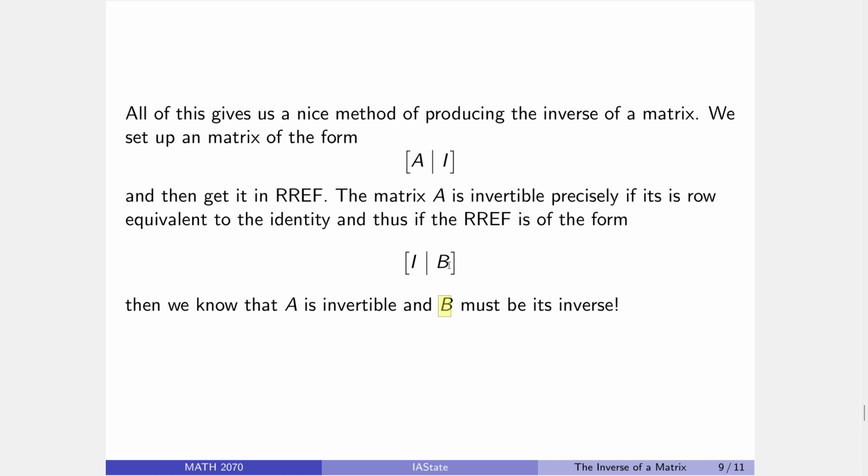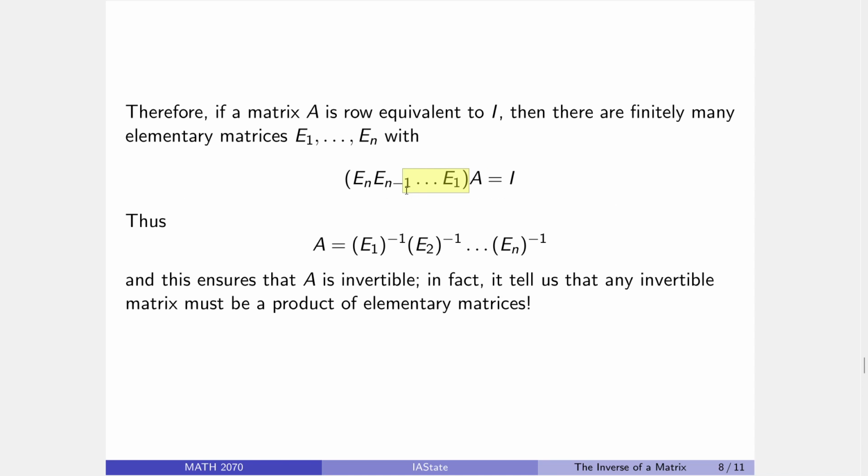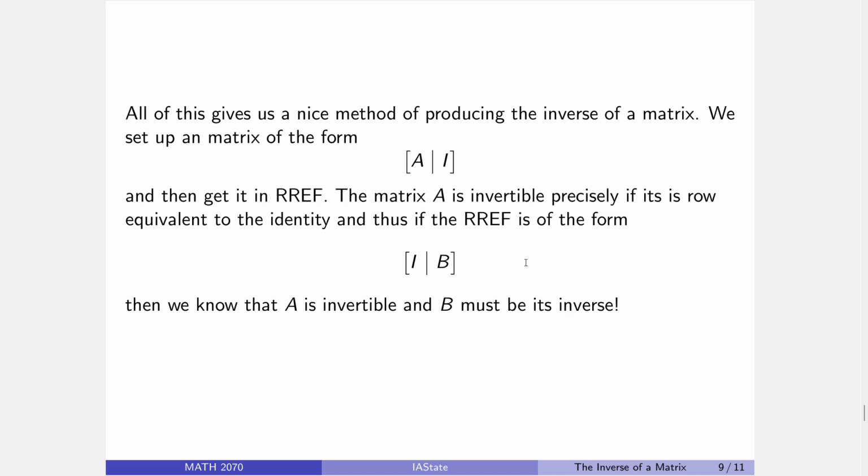That matrix has to be A inverse, because we're applying all of the row operations on A that get us to the identity, and as we see right here, that's precisely what A inverse is in this formula. Neat. So we now have an algorithmic way of producing the inverse of a matrix, and also detecting if we have an invertible matrix or not. We'll see that in action here in a second.